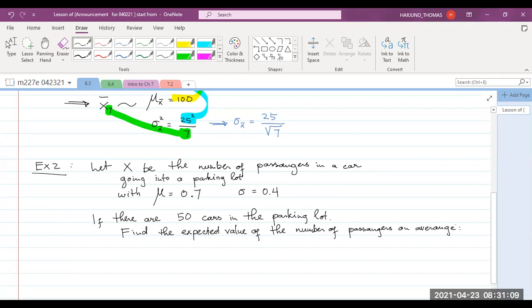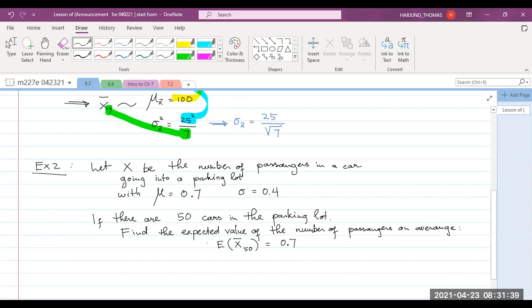So when we compute the average of the number of passengers, what do we expect? That will be the expected value of the average number of passengers of 50 cars. That will be 0.7.